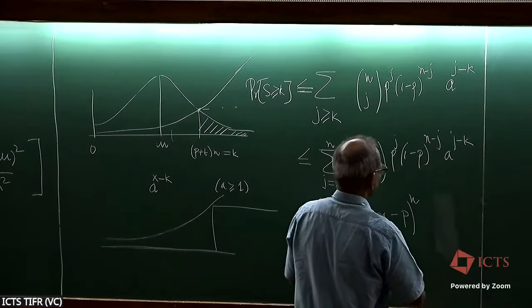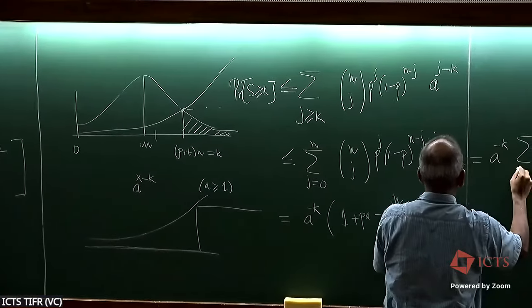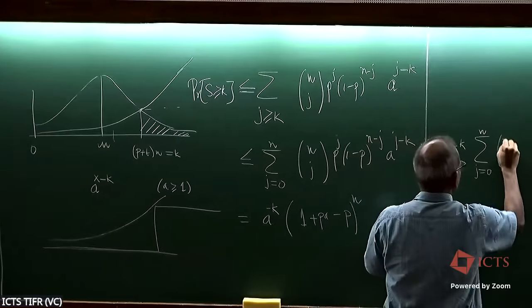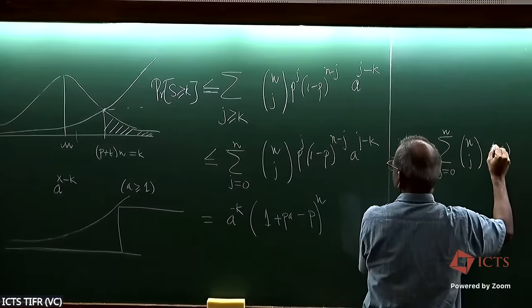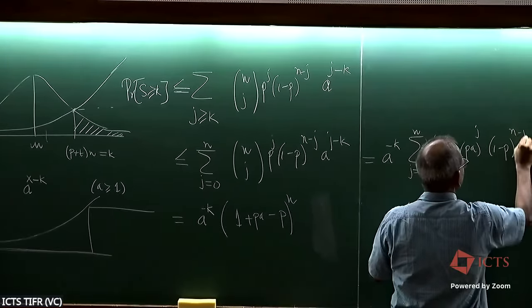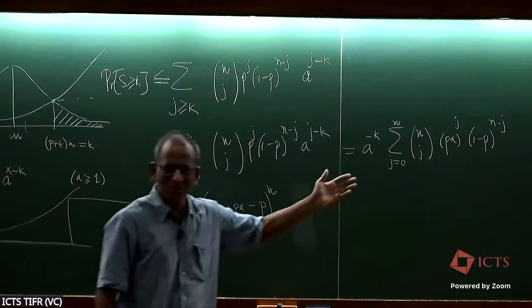So I write it as a to the minus k, summation over j equals 0 to n, n choose j, p a to the power j times 1 minus p to the n minus j. Am I okay? What's it called?